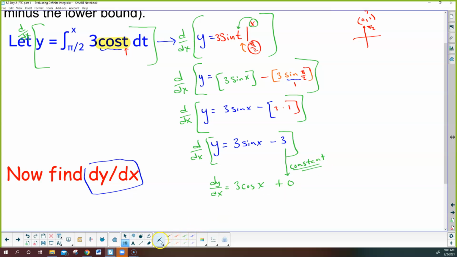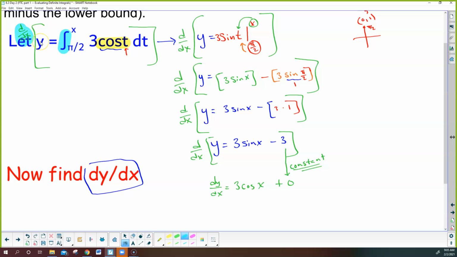Now, if we had a lot more time, I would do 4 or 5 problems like this, and I'd have you work through all the antiderivatives and evaluate it, and then you take the derivative of your answer. But what we want to talk about today is the integral and the derivative.